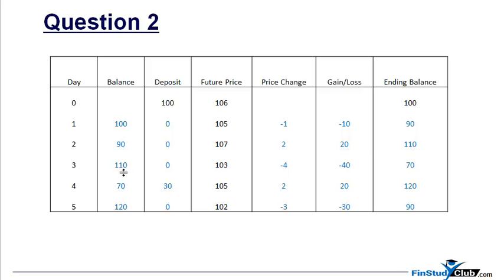So eventually on day 3 the prices crash by $4 and hence there's a $40 debit from the account, and hence it reduces to $70.